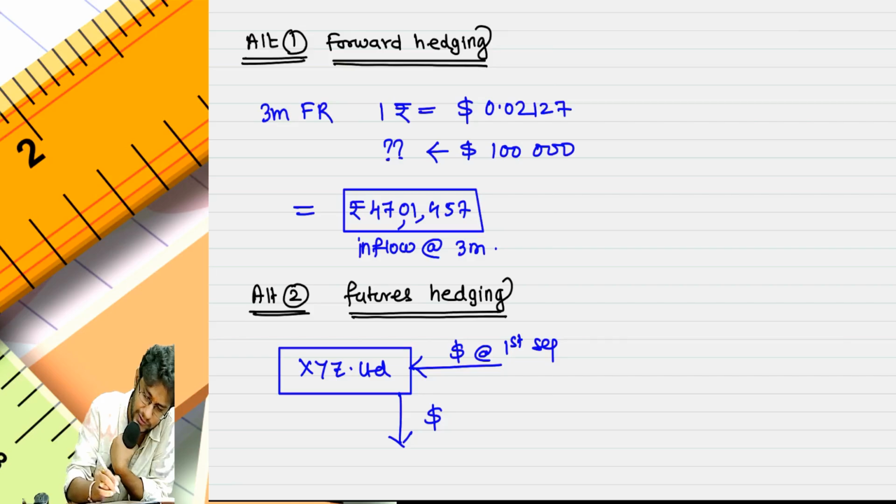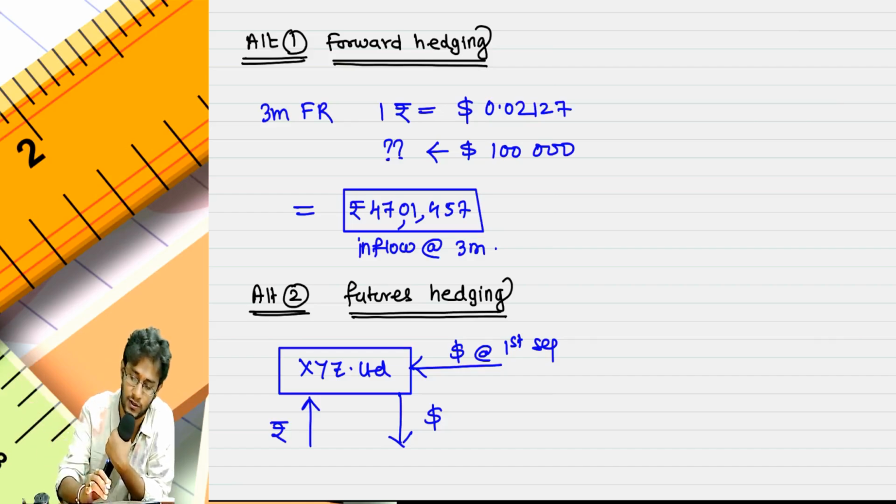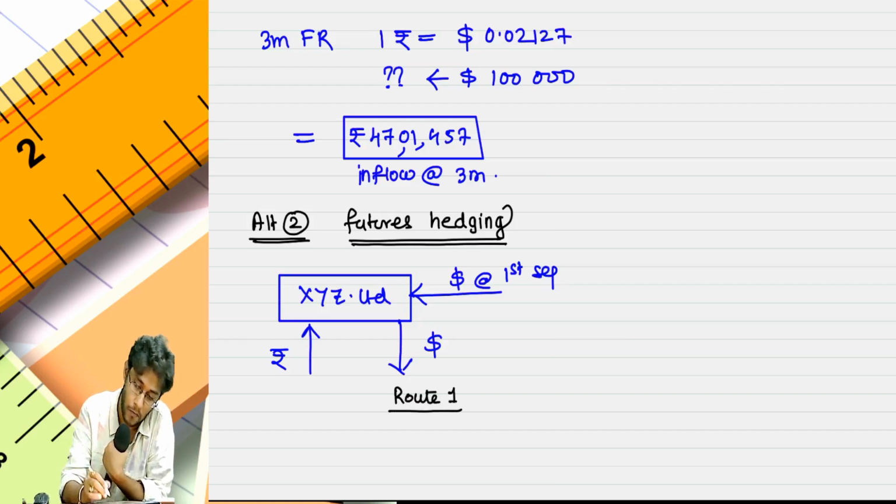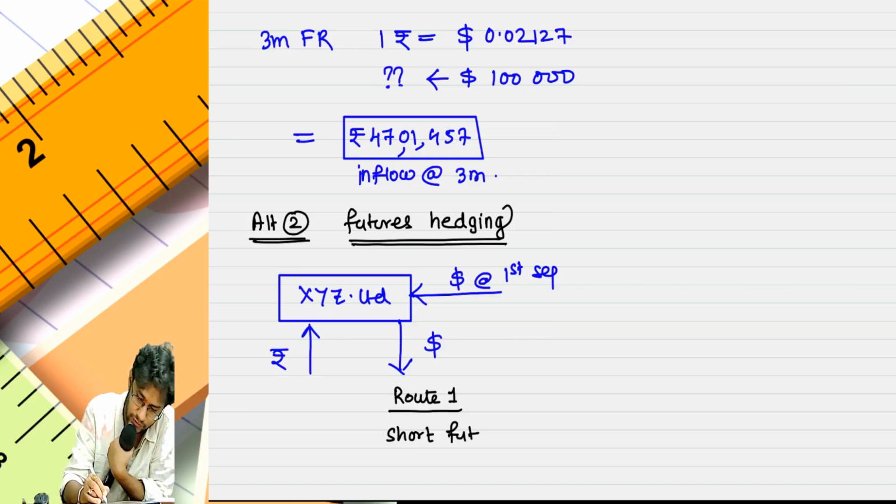In future he will sell dollars and he will have to take rupees. So those lines are the risk also. Based on that, give action for hedging. Route 1: short position in dollar futures.